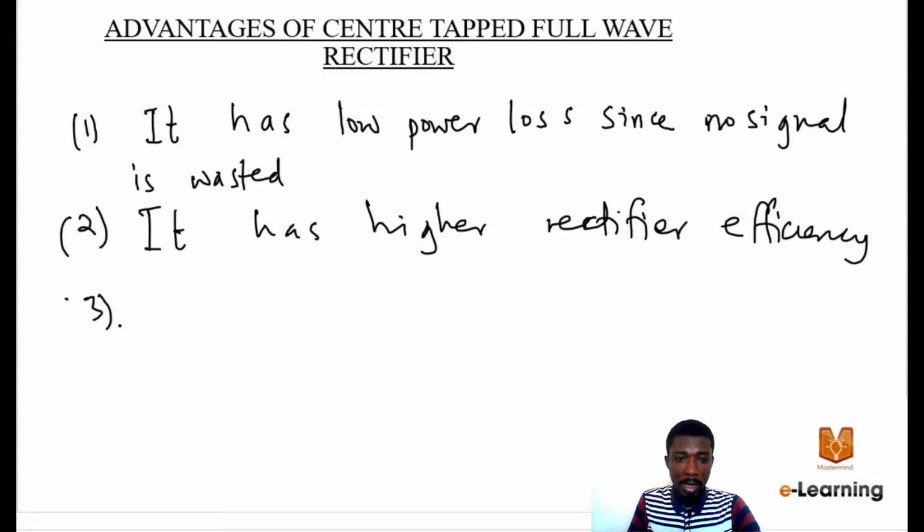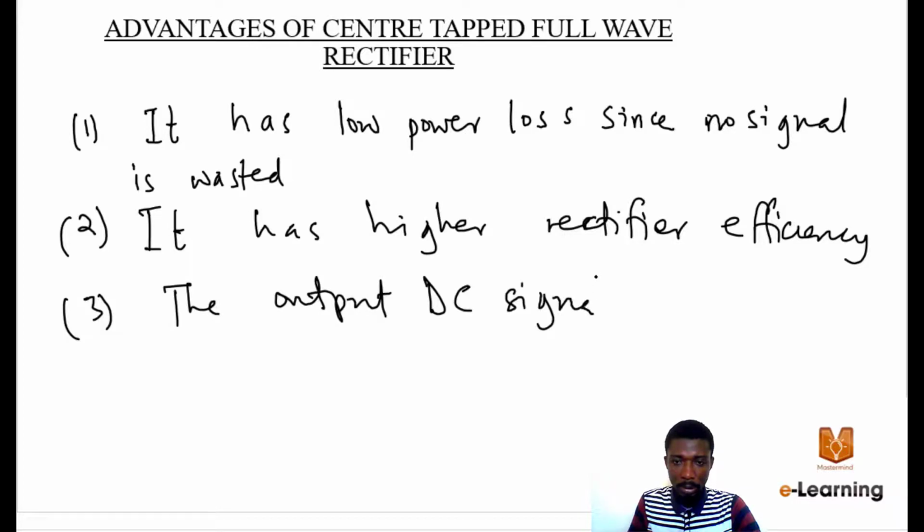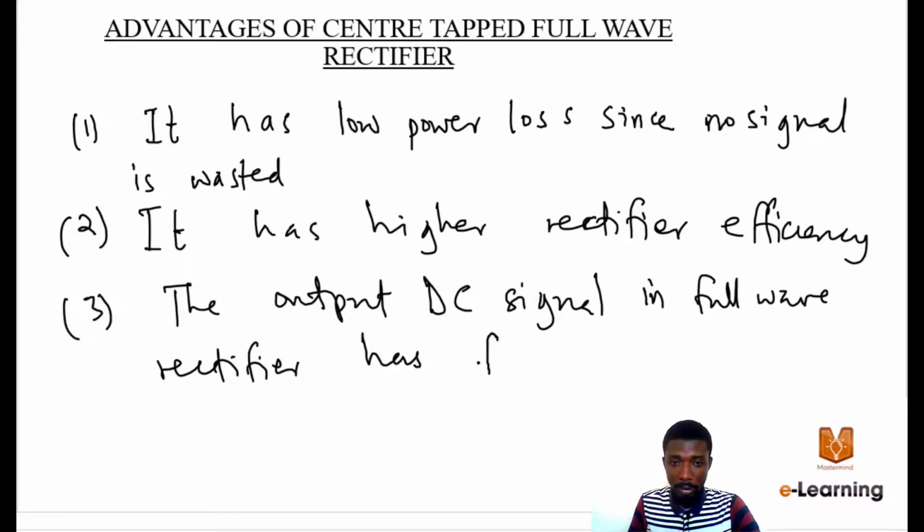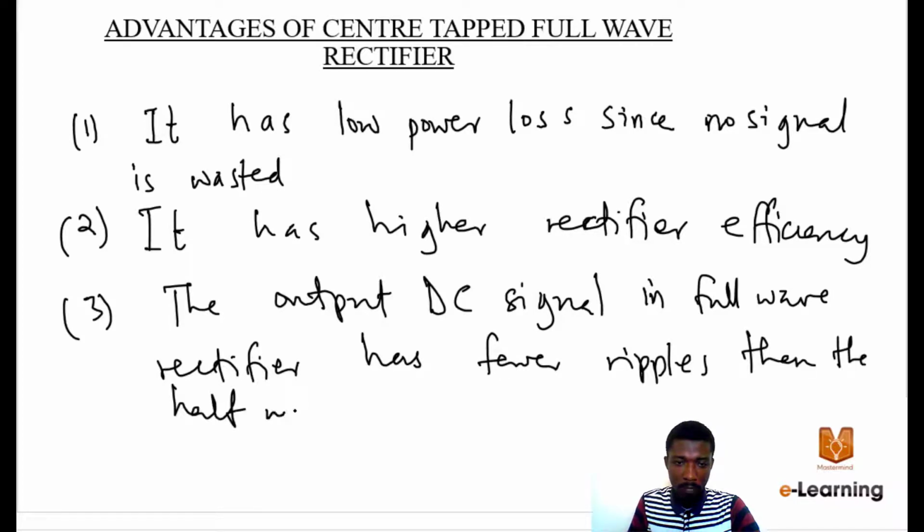Then third advantage, the output DC signal in full wave rectifier, specifically the center tapped, has fewer ripples than the half wave rectifier. Disadvantages. Now let's look at disadvantages of the center tapped full wave rectifier.